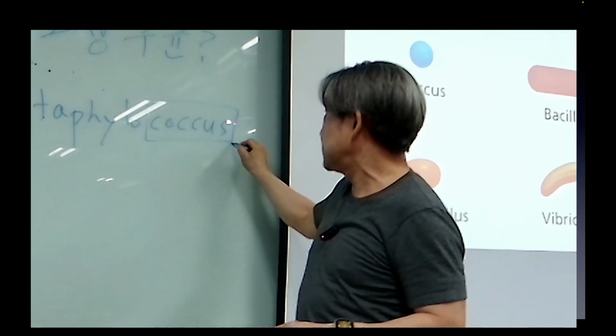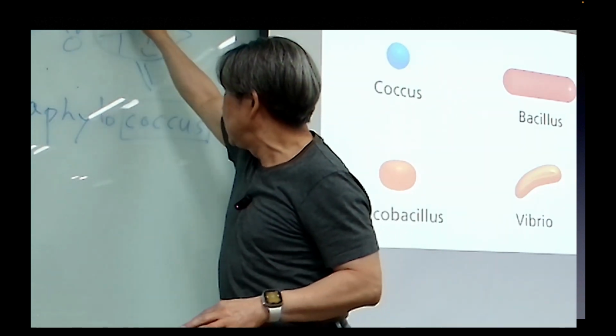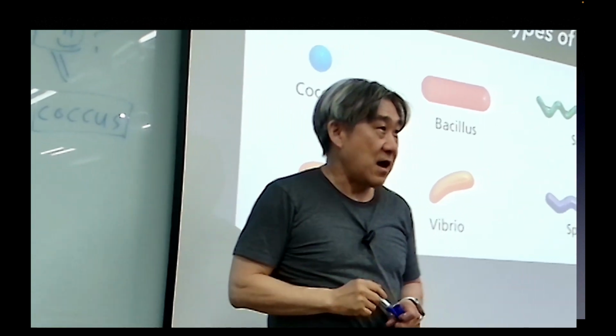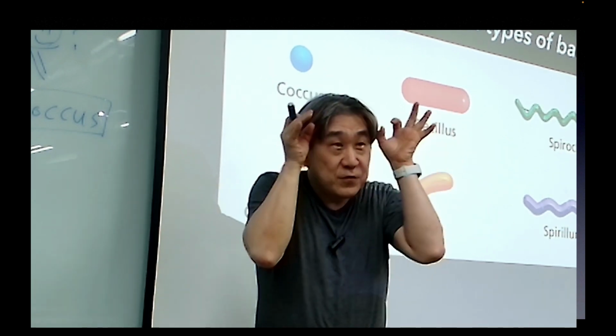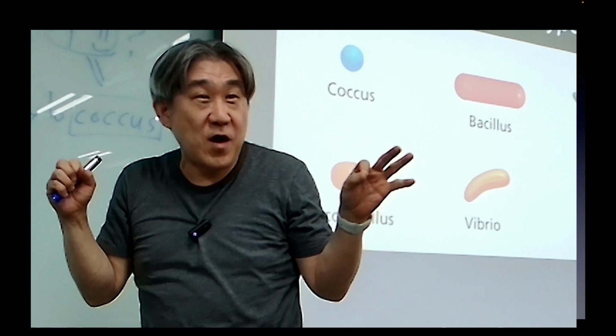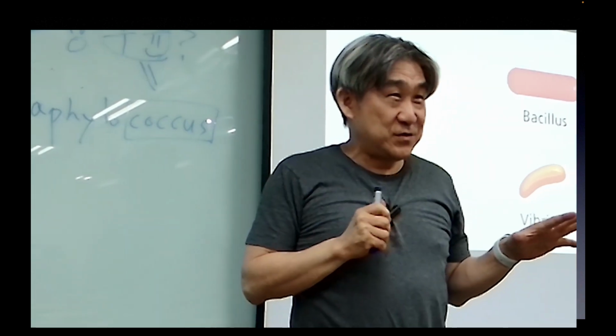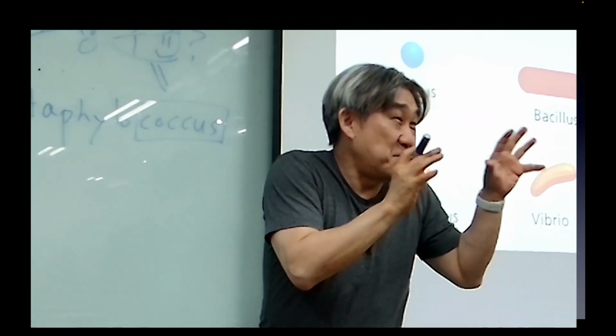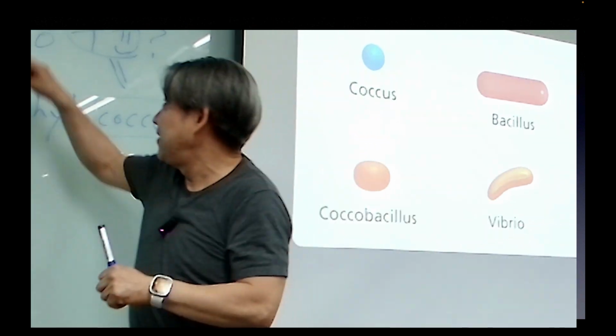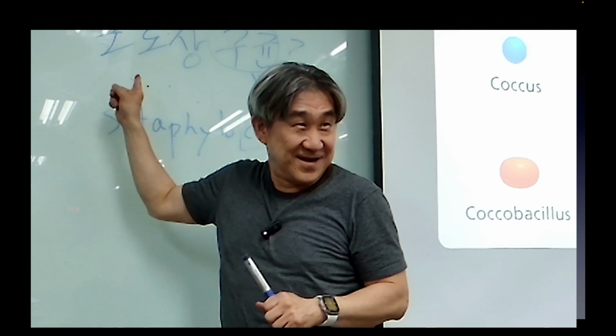So coccus means ball-like. If you examine this Staphylococcus under the microscope, each bacterium looks like a grape.